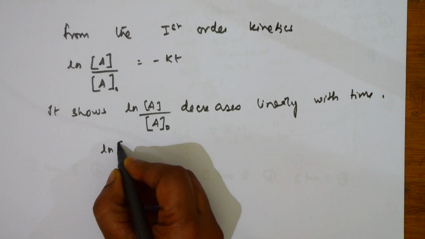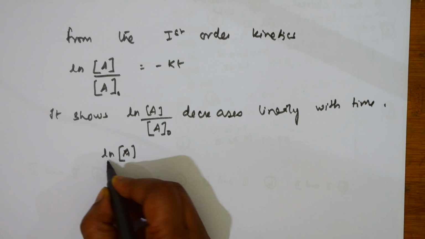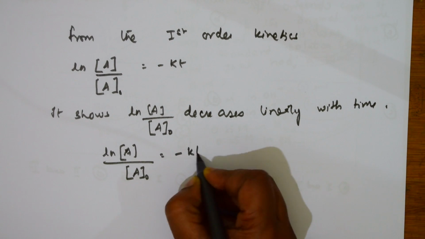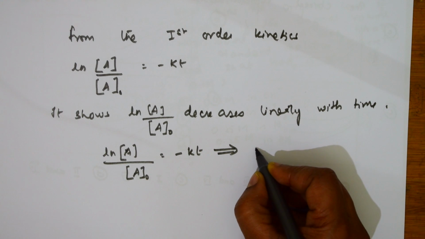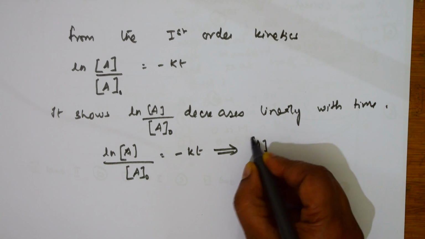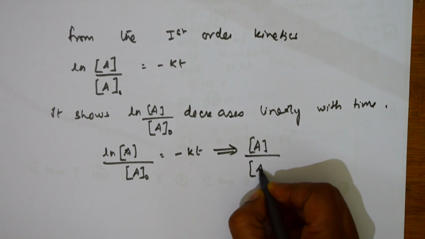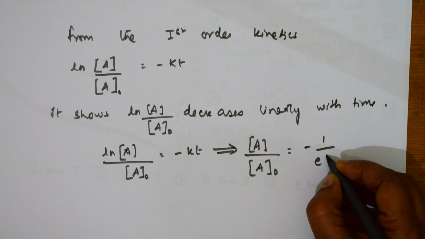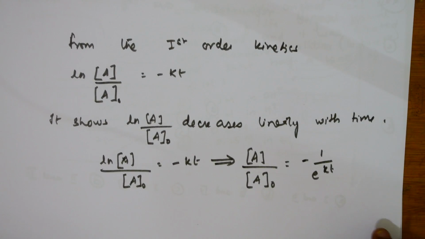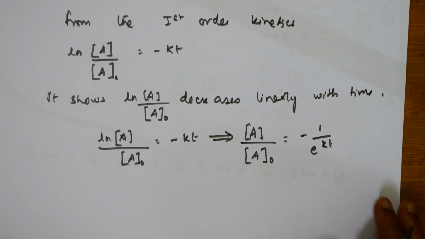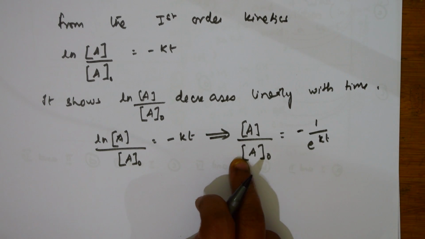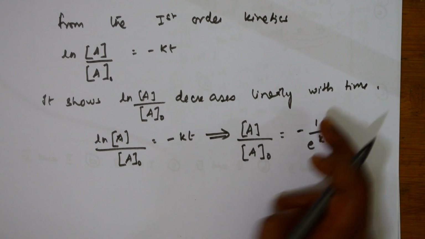So how can this be written? This can be written as ln A by A naught is equal to minus kt, so A by A naught is equal to e to the power minus kt. I can write this like this also. Yes. So what does this equation show? The ratio of A by A naught will decrease, right? It will decrease with increase in time.